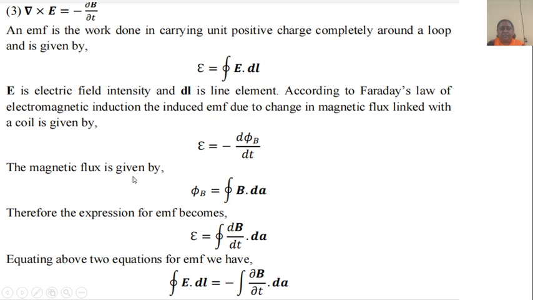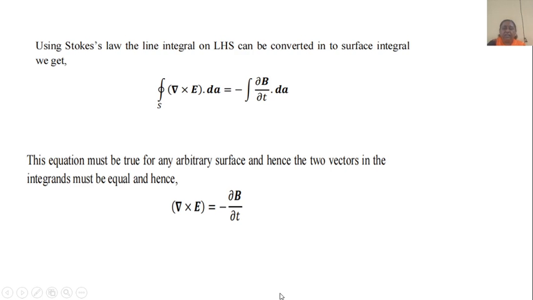The magnetic flux is given by phi B equal to closed integral of B dot dA, and therefore the expression for EMF becomes induced EMF equal to minus integral of delta B by delta T dot dA. And equating the above equations for EMF, we can write closed integral of E dot dl equal to minus integral of delta B by delta T dot dA.